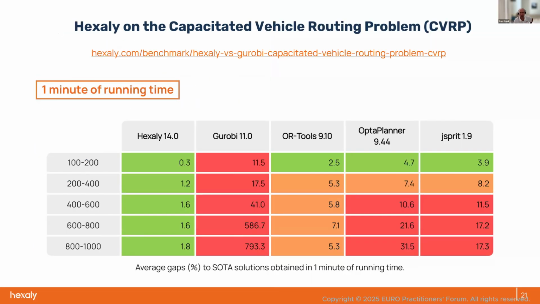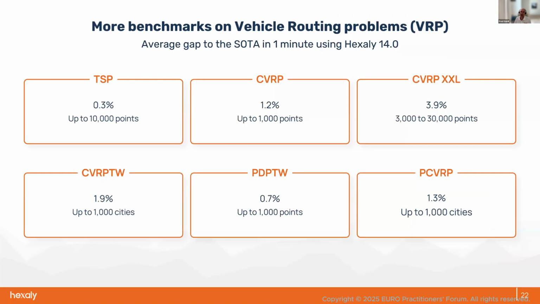And again, I encourage you to check the benchmarks we have on vehicle routing. Very different routing problems: capacitated, very large scale, time window, pickup and delivery, prize collecting, split deliveries, driver breaks. So Hexaly is very, very robust.